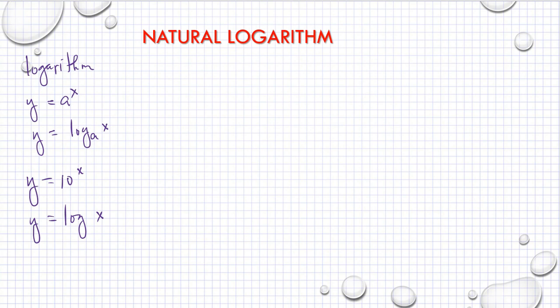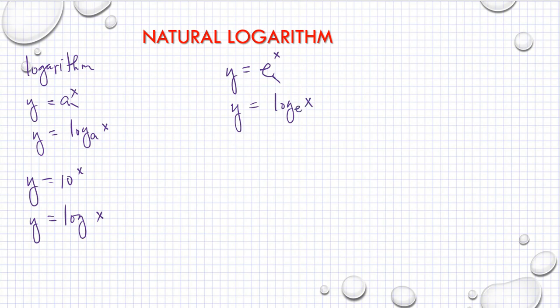And the natural logarithm is that when our base is e, the irrational number e, that is a constant. E is a constant, the same as a is a constant. And the inverse of this is y is equal to logarithm of x with the base e.